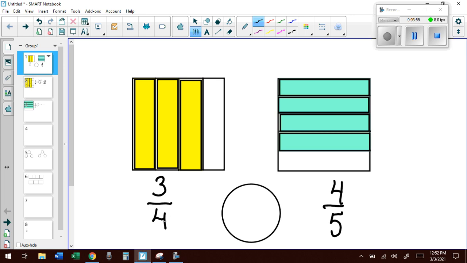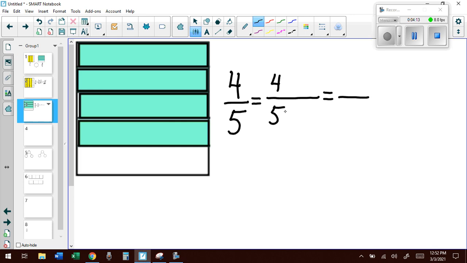So when we did 3/4, we multiplied this 4 by 5. Now we're looking at 4/5, so we're going to multiply that 5 by 4. Which means that our total units are going to be multiplied by 4. So go ahead and partition this into fourths.